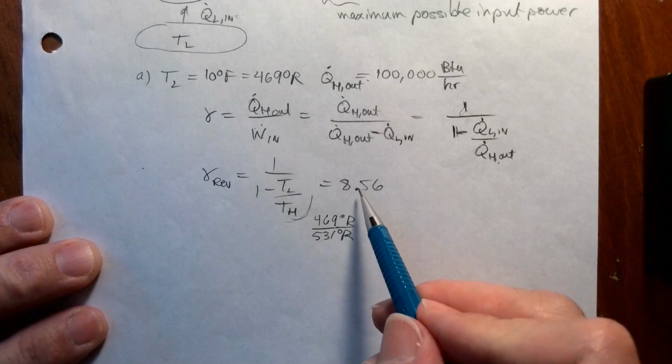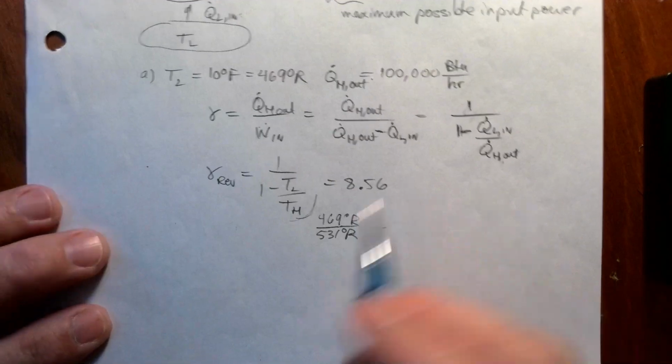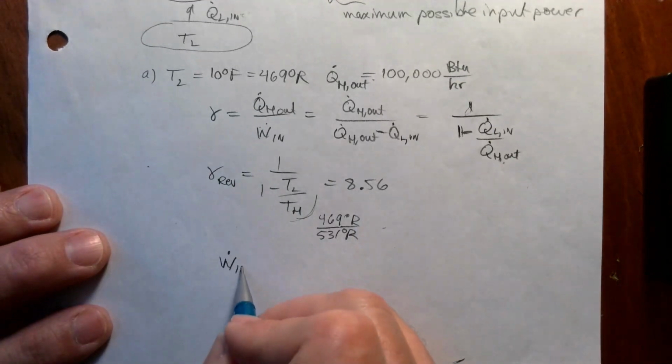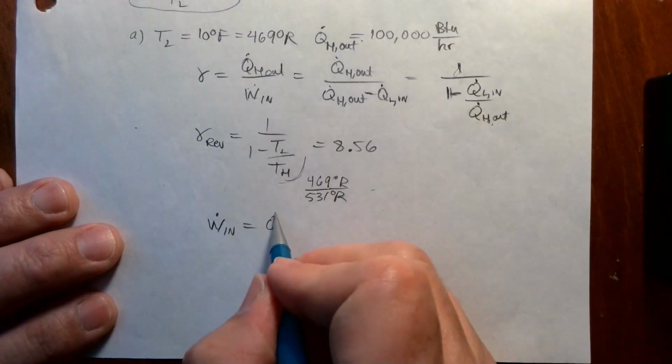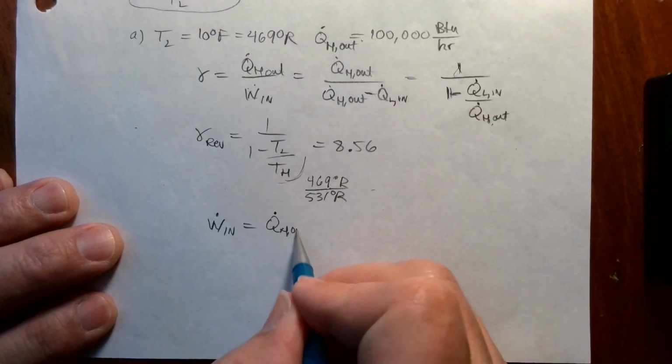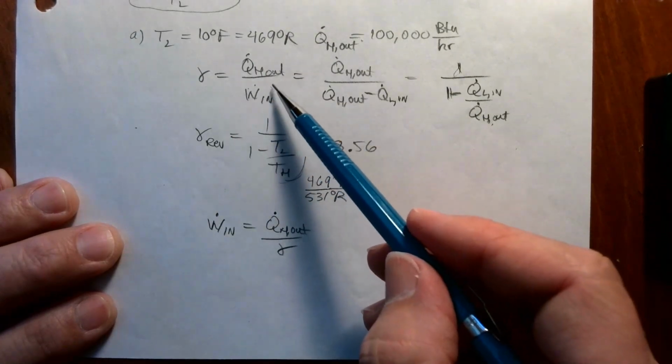So we could use this number to calculate the minimum amount of work required. The best performance would be associated with the minimal amount of work. So W dot N was going to be equal to Q out divided by gamma, using our expression here.